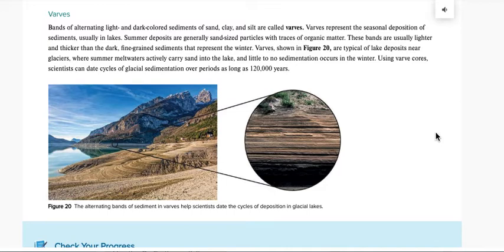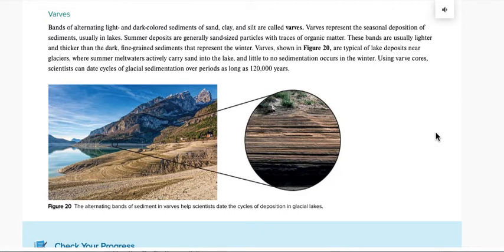Varves basically are deposits of summer and winter, like sediment and dead and decaying plant material. In the summer, you tend to get much darker soil, and generally with soil, the darker it is, the closer to black, it tends to be a lot healthier, very rich in nutrients and particles.